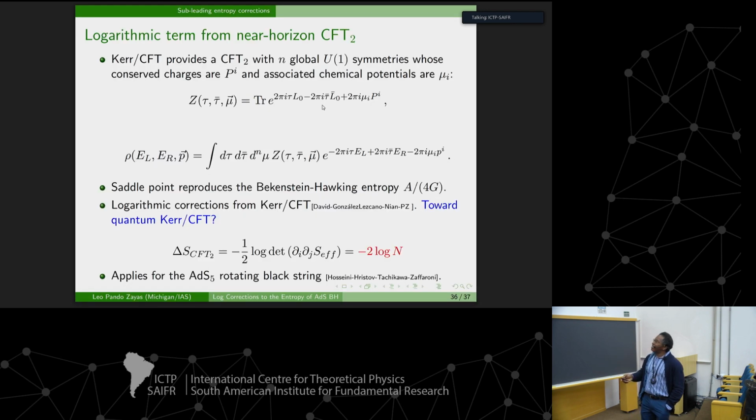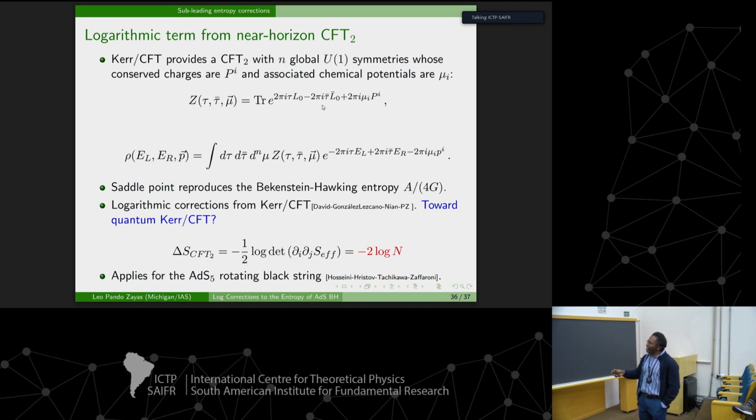But now I will tell you that because the Kerr/CFT gives me a central charge and a set of global charges, and I know how two-dimensional partition functions behave, I can read off the density of states by doing a Laplace transform. Of course, the saddle point in this computation gives me the leading entropy, but I can also go to, let's say, a Gaussian approximation of this process and get a correction.